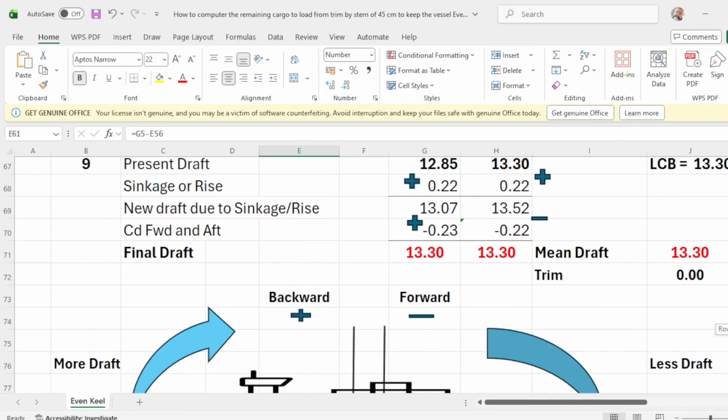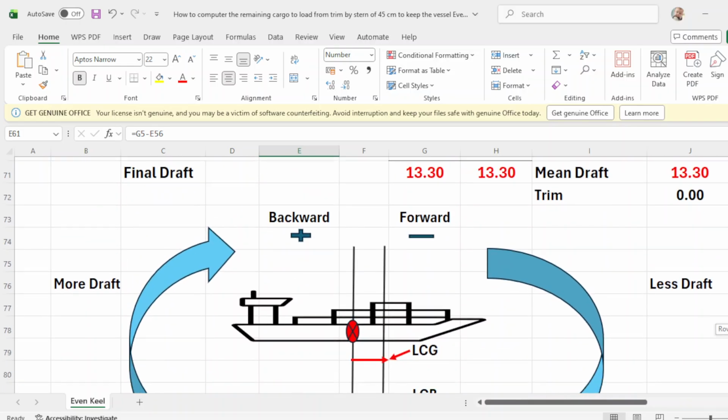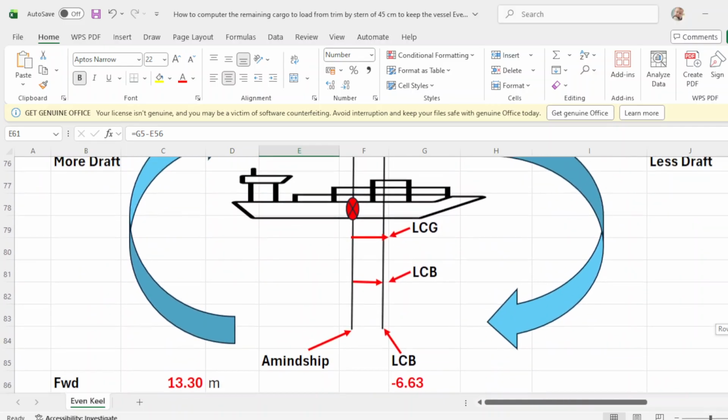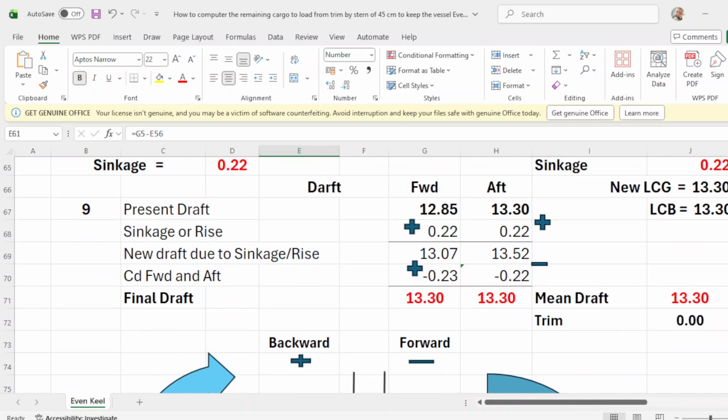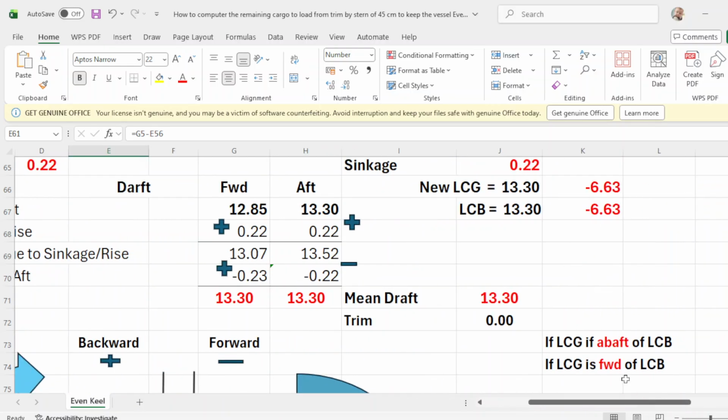Now, the next thing to take note, since you are now even keel, take note of the mean drop. Mean drop is 13.30. What is the LCB of 13.30? This is the mean drop, departure drop.